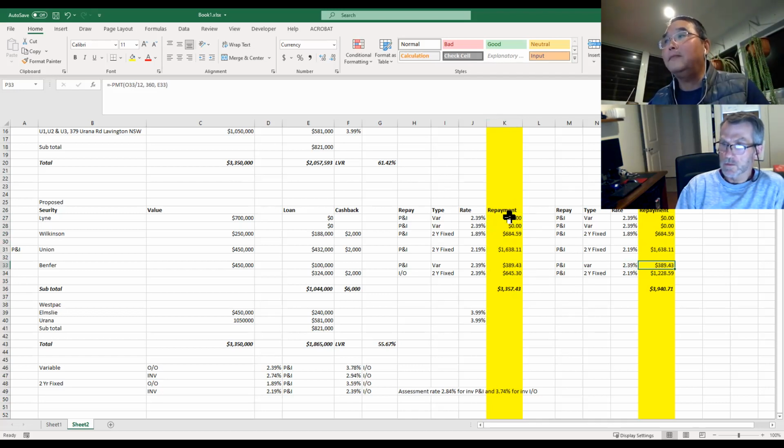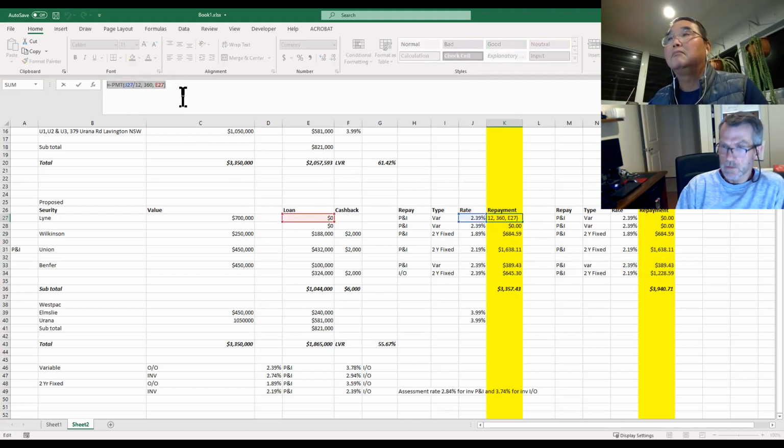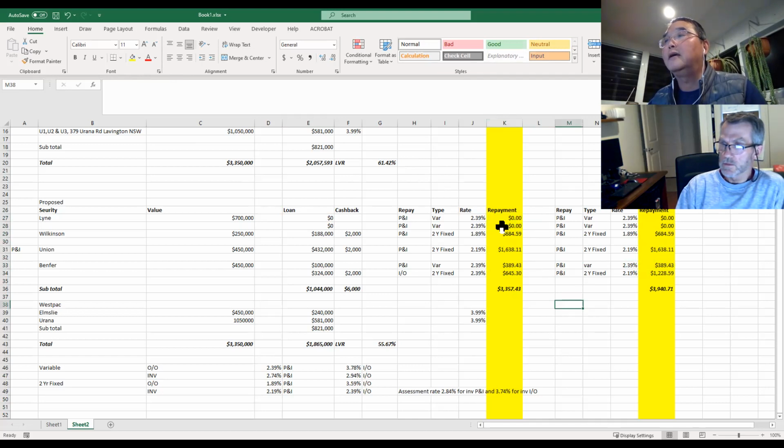One is P&I, using the PMT function. If it's interest only, it's simply interest rate times loan amount divided by 12. That's very simple. Everything else is the sum, the total. You can play around with this spreadsheet.